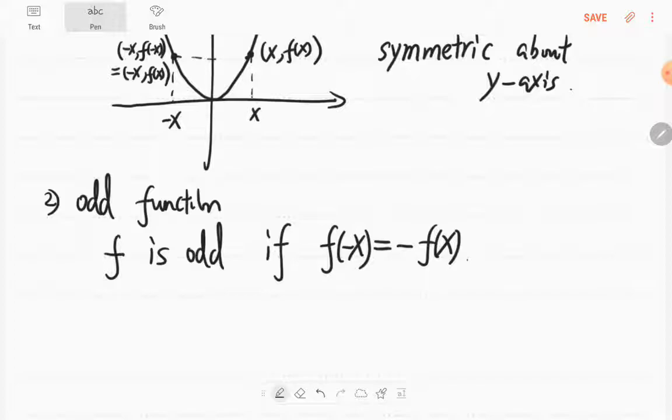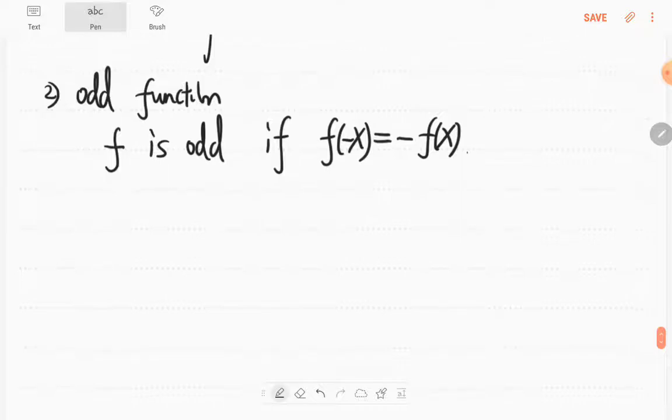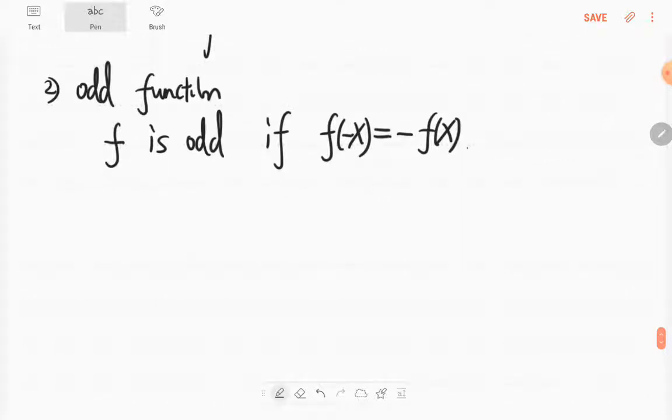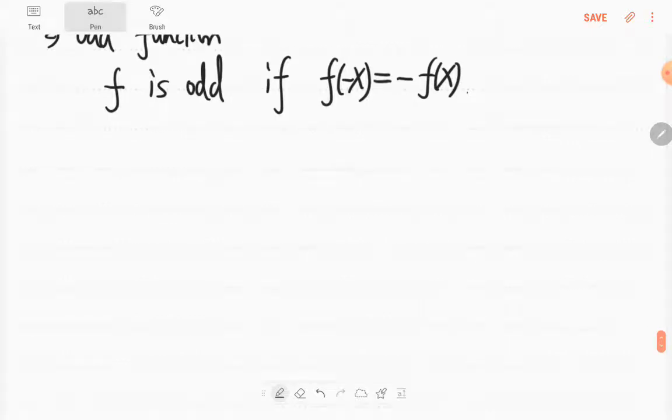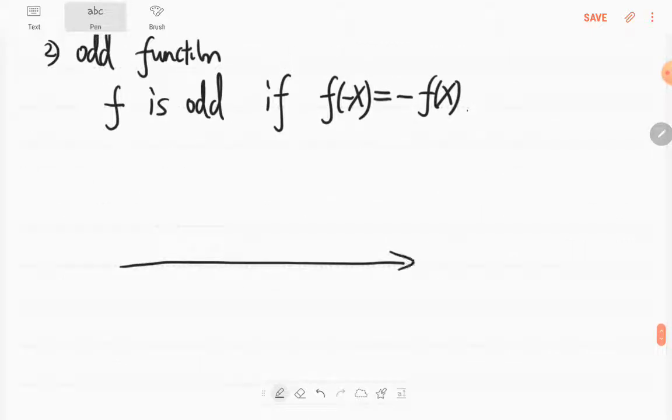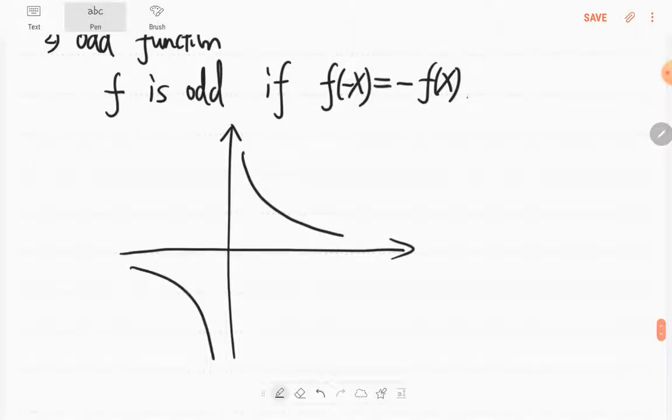That means if x, y is on the graph, then negative x, negative y is also on the graph. That is symmetric with respect to the origin. So the odd function must be symmetric with respect to the origin.